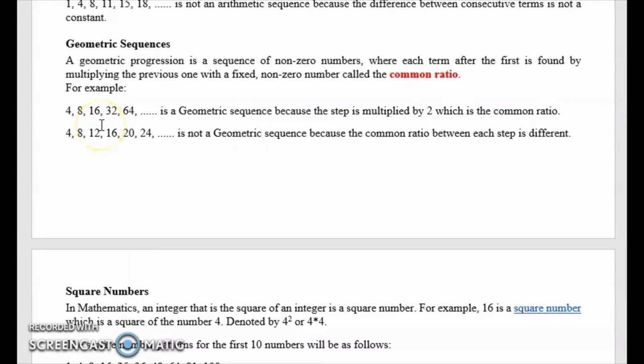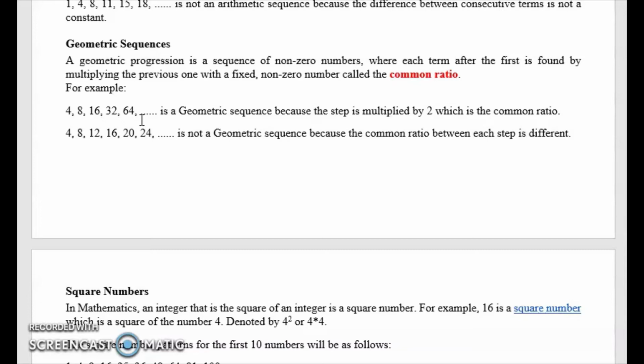So they have a common ratio or common factor of 2 to get the next number. The next number after 64, we will just multiply it by the common ratio 2. So 64 times 2, we will get 128.